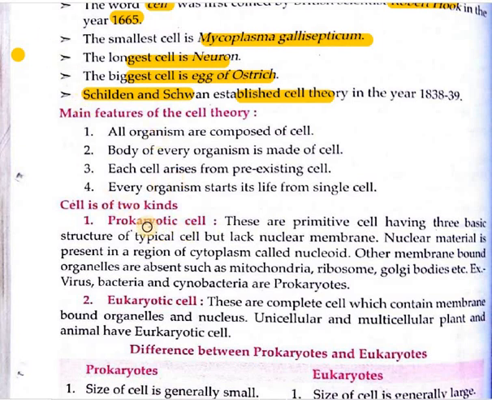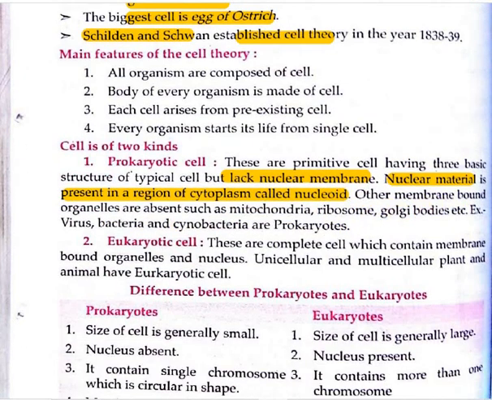So cells are of two kinds, prokaryotic and eukaryotic. Prokaryotic cells are primitive cells having the three basic structures of a typical cell but lacking a nuclear membrane. Nuclear material is present in a region of cytoplasm called the nucleoid. Other membrane-bound organelles are absent, such as mitochondria, ribosomes, and Golgi bodies.